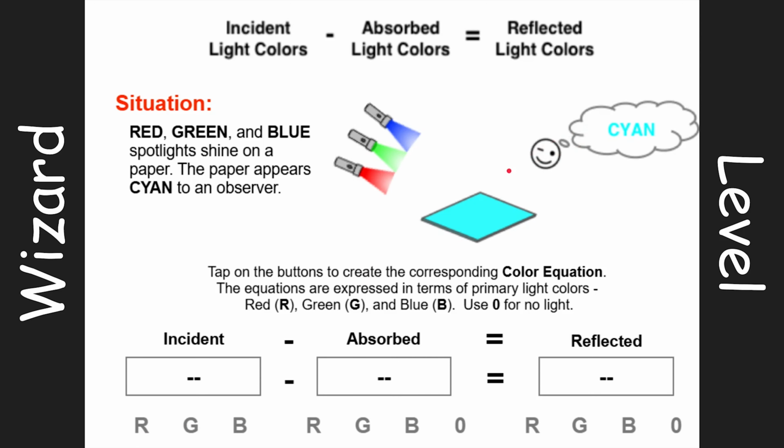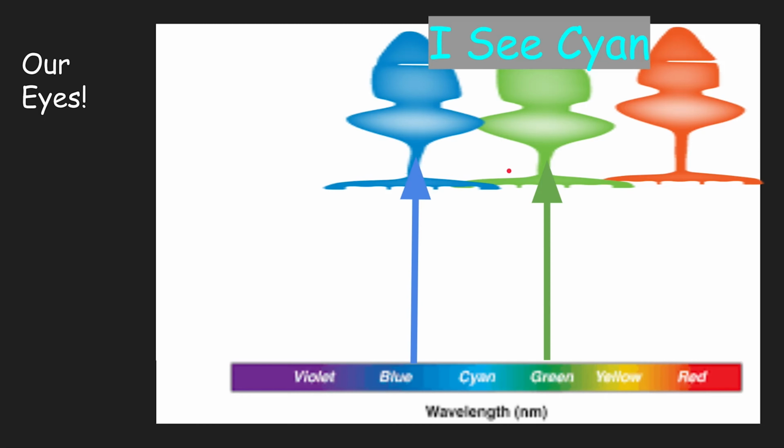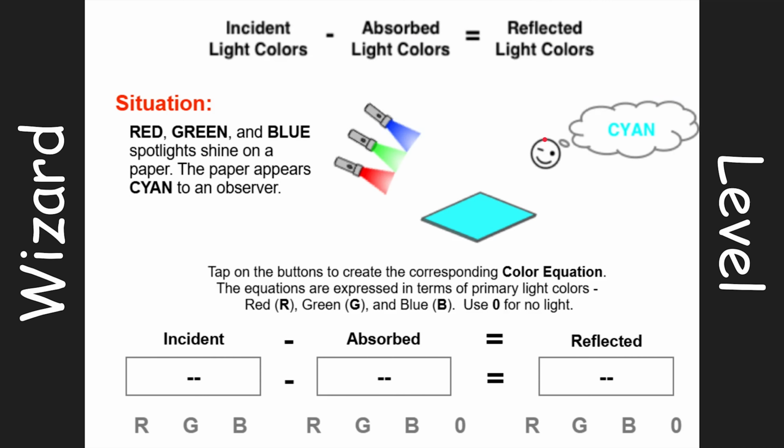Well, cyan, what does cyan mean? Cyan means that the blue and green cones are being triggered. Blue and green. So that means the blue light must be reflected and the green light must also be reflected, since those are the two colors that make cyan.